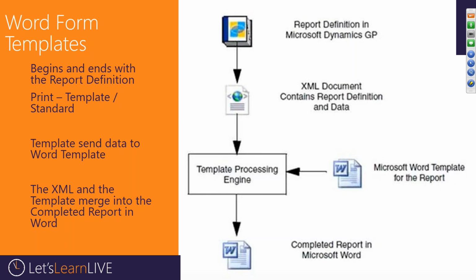But you know, most of us have modified sales order and purchase order documents. So it uses that, and it converts that to an XML format, which is kind of a generic way to translate data.